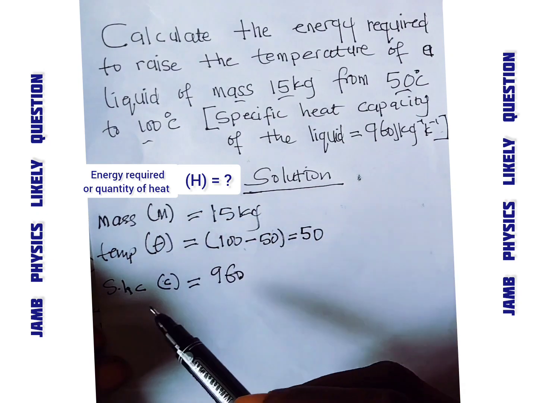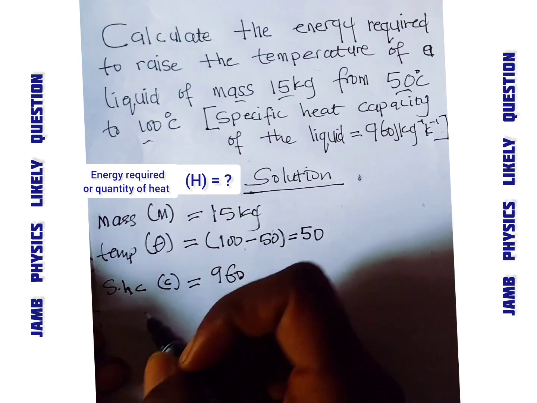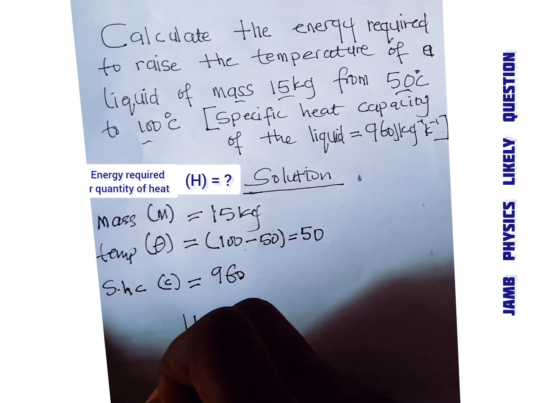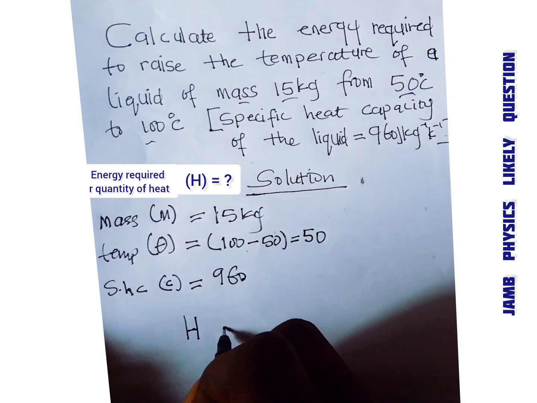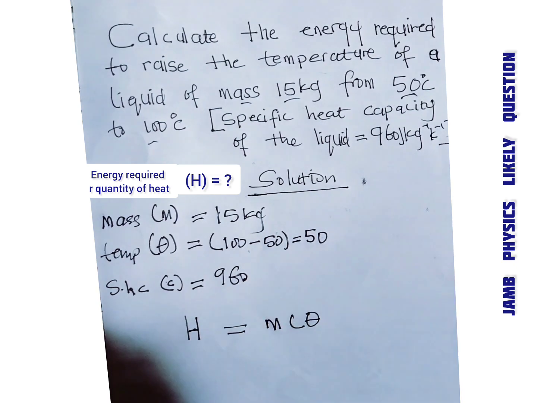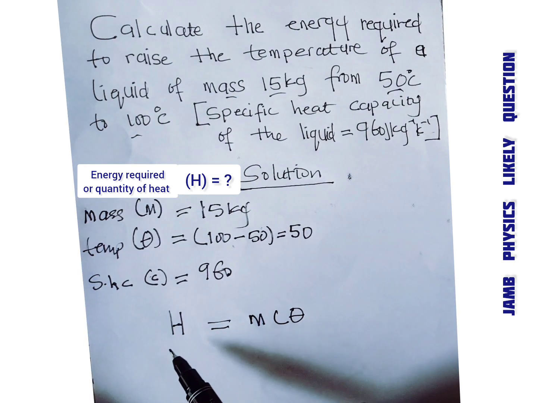We have M, we have c, we have theta. So we apply the formula for quantity of heat, which is represented by H. Quantity of heat is equal to MC theta.